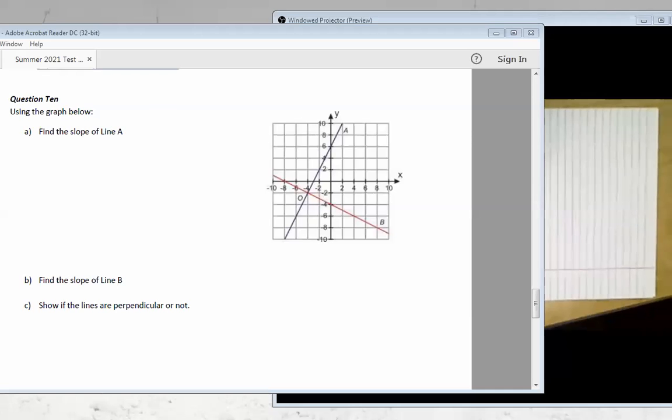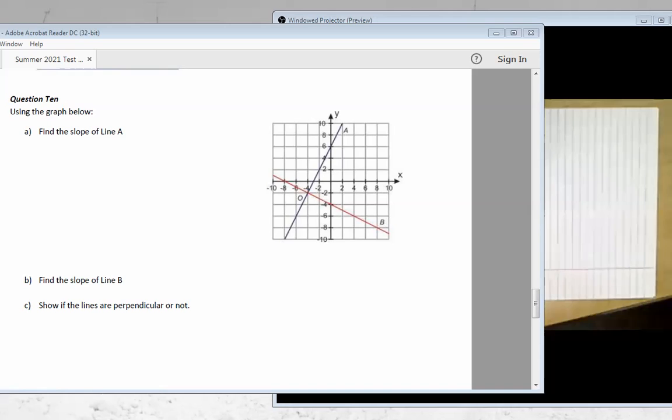Okay, so for this number 10, we're going to find the slope of that line, the blue one, A there. So we can do it one of two ways. One is to just find 2 points and then use the slope formula for it.